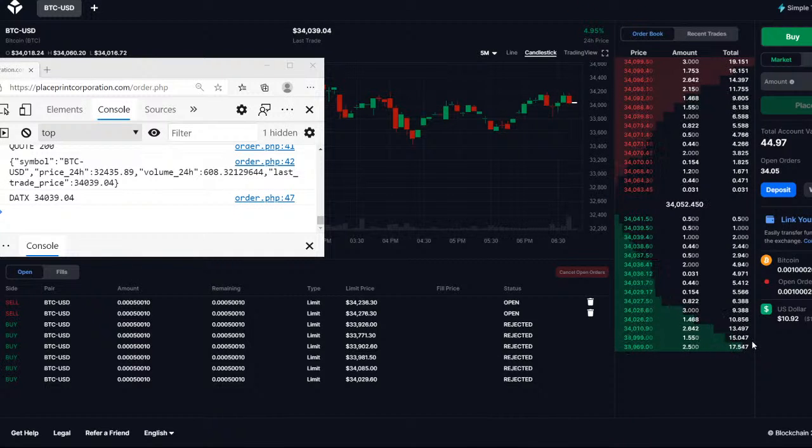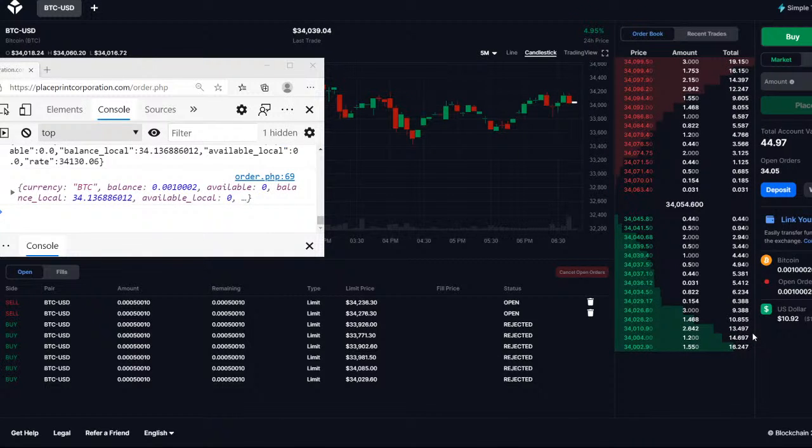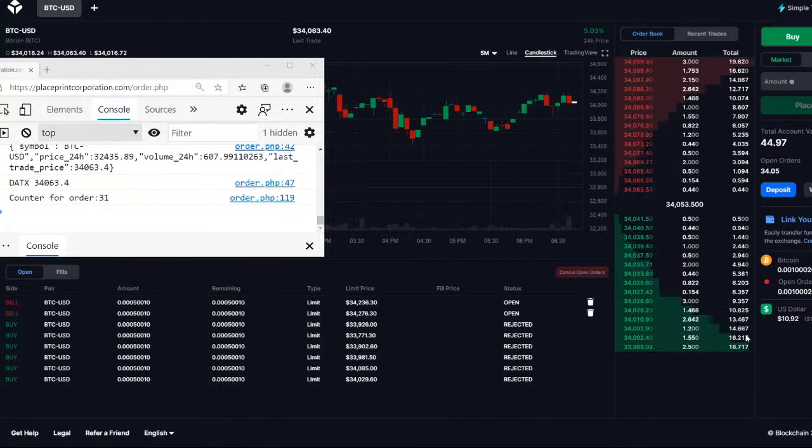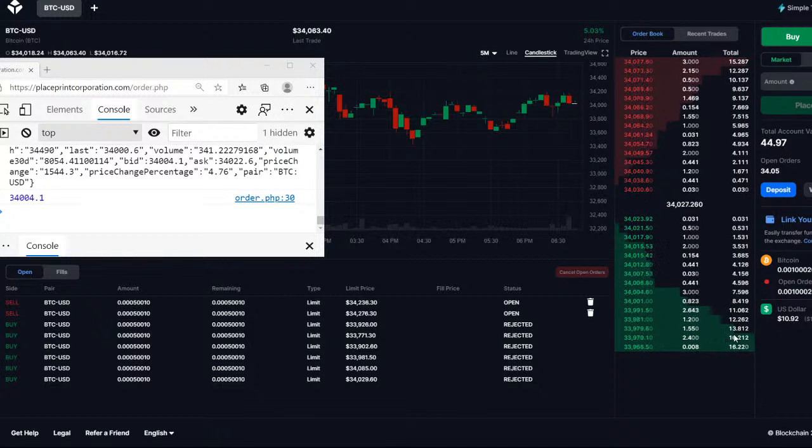I have no doubt this will probably do quite well once we are able to get into a cycle of more variance in order flows.